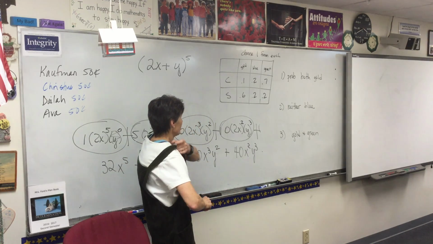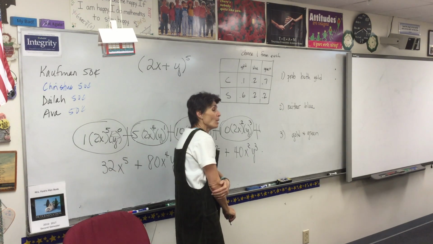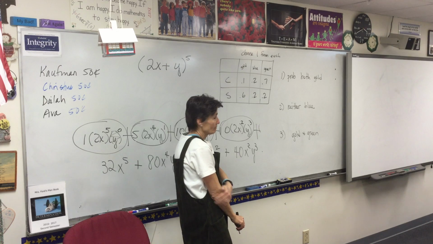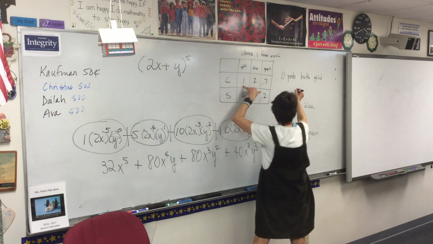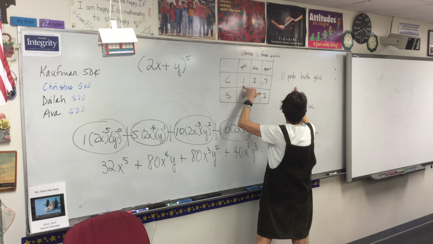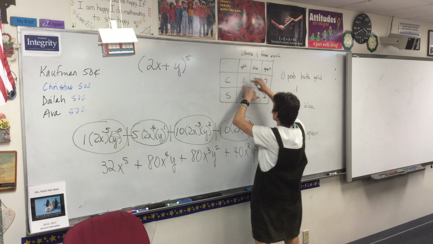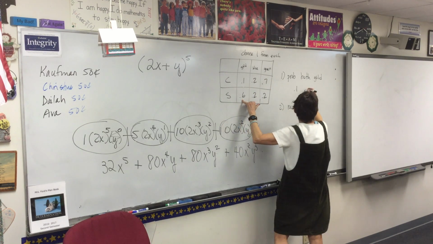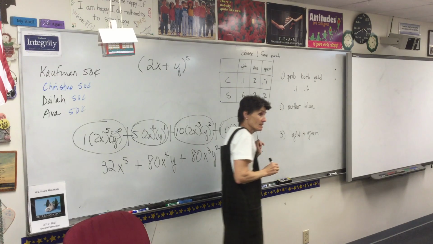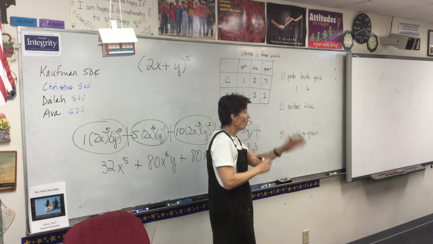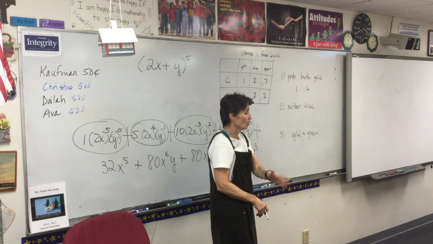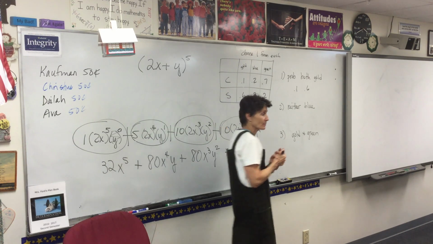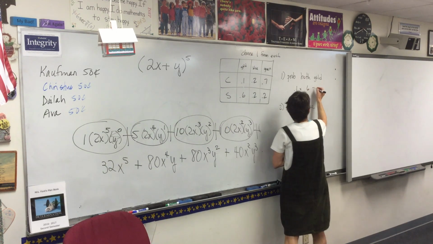All right, so here we go. What's the probability they will both be gold? 0.1 for Caroline, and 0.6 for Stephanie. Since I want gold and gold, what do I do with those numbers? Multiply them. So I get 0.06.